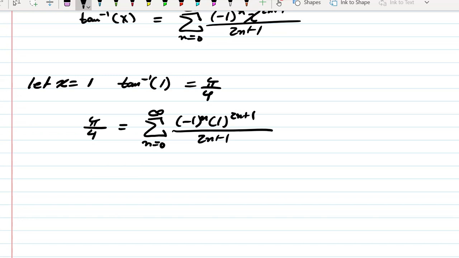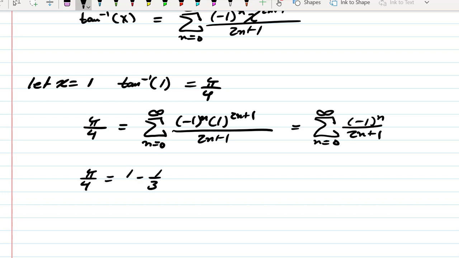But 1 raised to any power is just going to be 1. So the series n equals 0 to infinity of negative 1 to the n over 2n plus 1 equals pi over 4. That is, pi over 4 is equal to 1 minus a third plus a fifth minus a seventh plus a ninth minus dot dot dot on forever. If you added up that entire infinite series, you would get pi over 4.